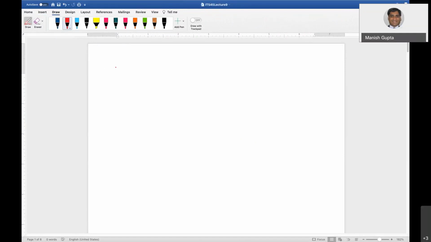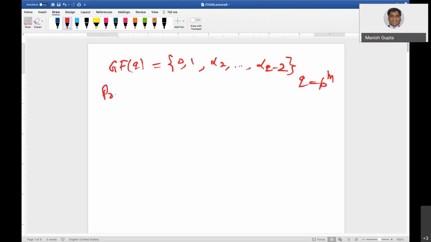You know that a field with q number of elements is 0, 1, alpha, alpha squared, up to alpha^(q-2), where q is a prime power. So there are certain properties of finite fields which I would like to mention here.